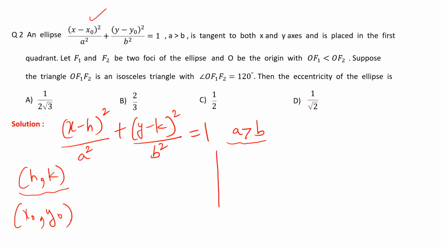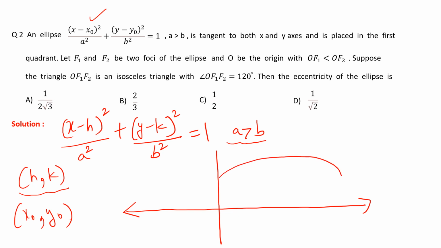Now let's make the rough diagram. Since the ellipse is placed in the first quadrant and it is touching both the axes, so we'll be having this kind of figure. And let me make the major axis and the minor axis.